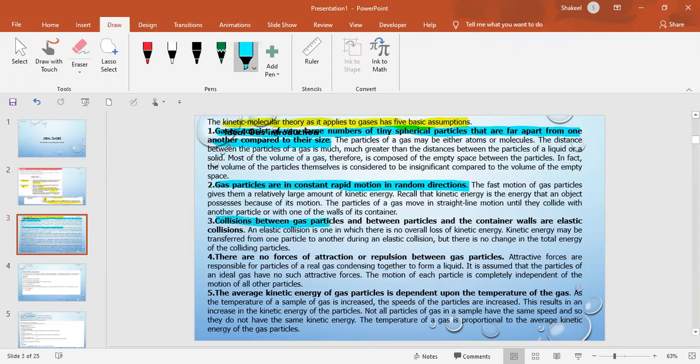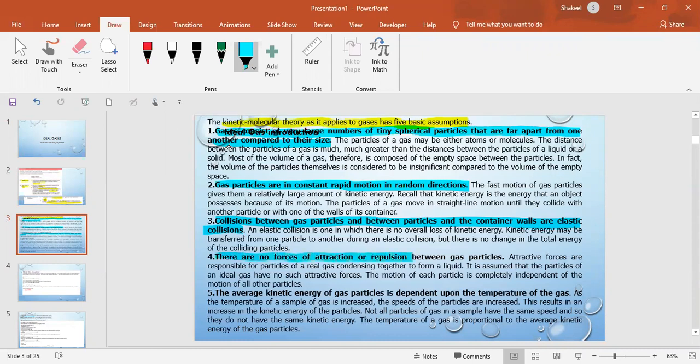The third one is that collisions between gas particles, and between gas particles and the container walls, are elastic. In an elastic collision, there is no loss of kinetic energy. So for an ideal gas, it is assumed that the particles collide with each other and with the walls elastically. During collision, no other energy is produced, so the total kinetic energy remains the same.